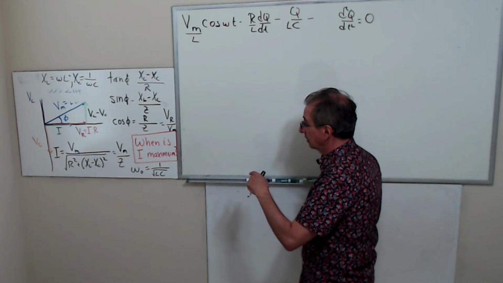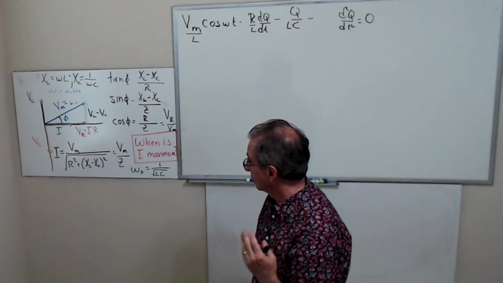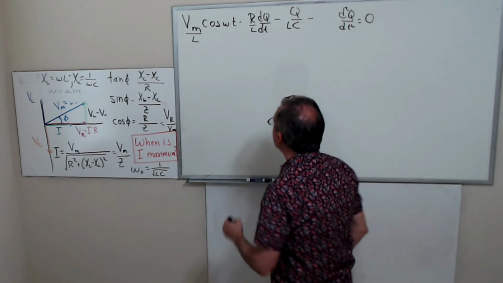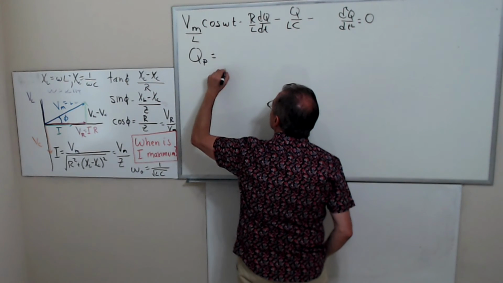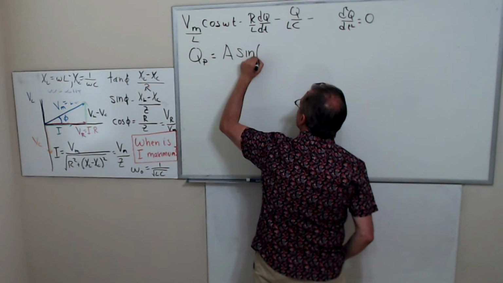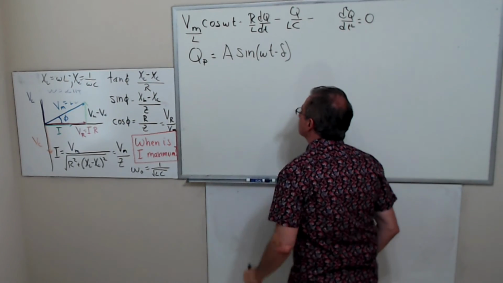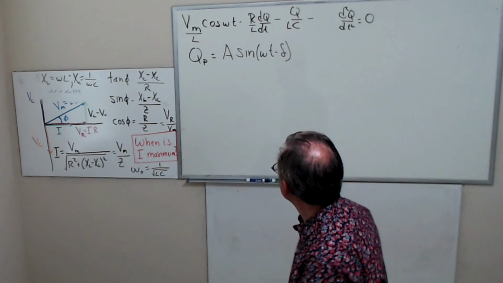So I know that my current, from our experience, depends sinusoidally on time. So I'm going to guess that Q sub P is going to be this function. This is my phase shift. I'm just using delta here.